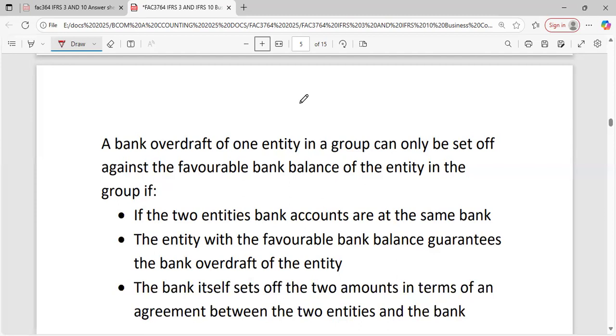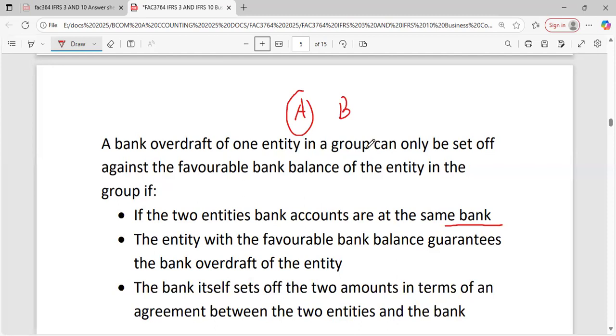So which means if A has got a bank overdraft, we can only be able to set off that bank overdraft with the balance of B, if the two entities' bank accounts are at the same bank.